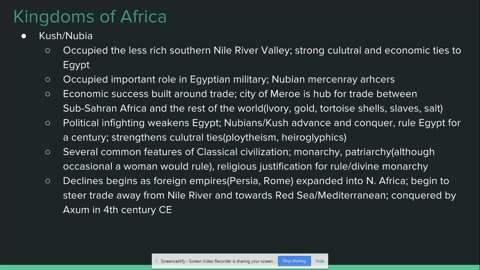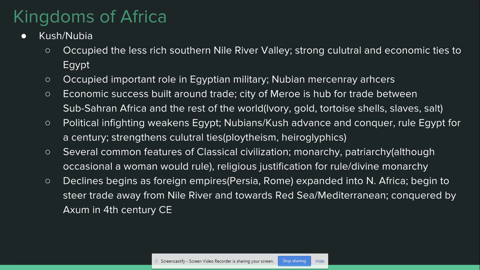They become very economically strong, even so, to the point where around 100 CE or so, as Egypt is being weakened by invasions from neighbors and political infighting, the Nubians actually advance into Egypt and conquer Egypt and rule it for roughly about a century. This just goes to further strengthen those ties between the two.